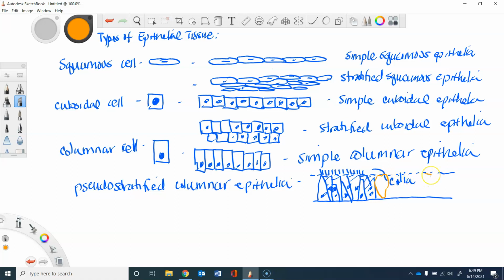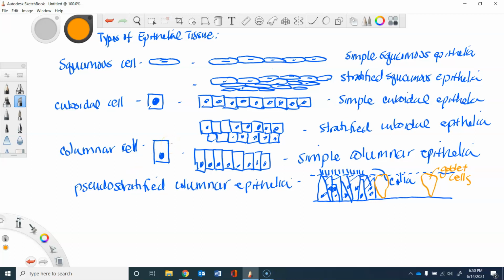And they are embedded in the tissue. And they're called goblet cells. And these are cells that secrete mucus. So you'll see those cells in this type of epithelia. You will also see these cells in simple columnar epithelia.